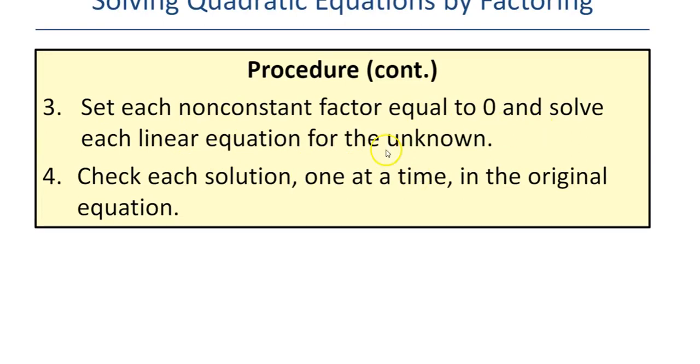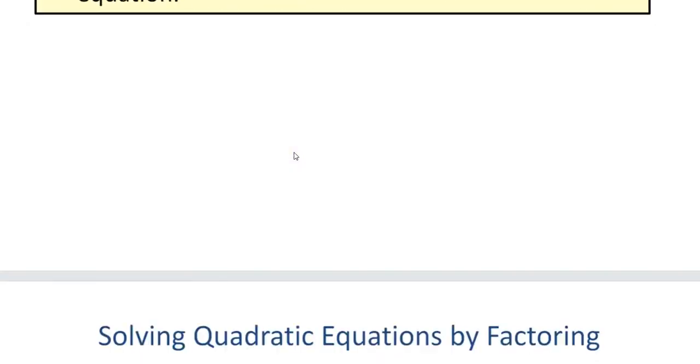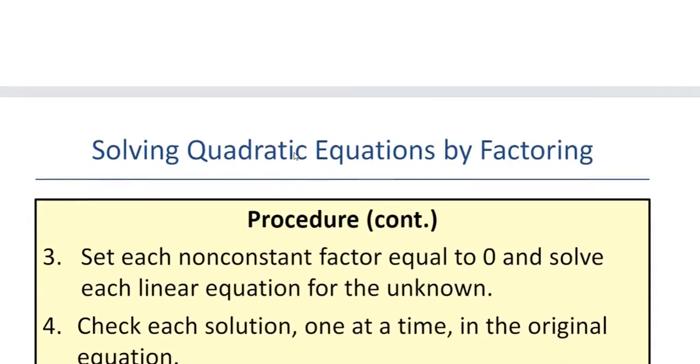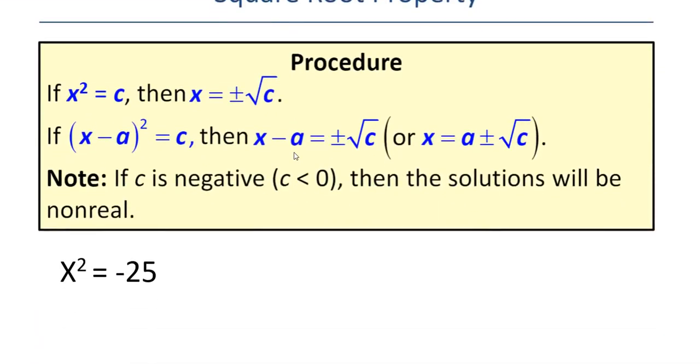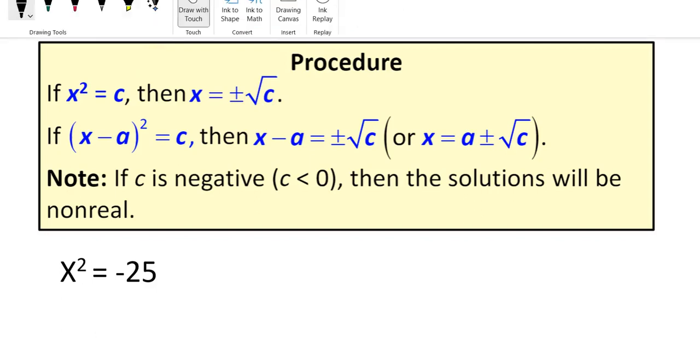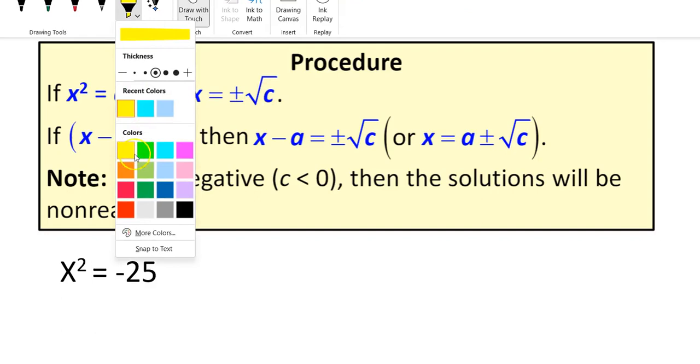Okay, let's do one really quick little example here so you know what it's talking about. Look at this right here. Procedure. If x squared equals c, c being a constant, then x is going to equal plus or minus the square root of c. Now I really want to emphasize this. Let me change this to something very bright and annoying that everybody's going to see.